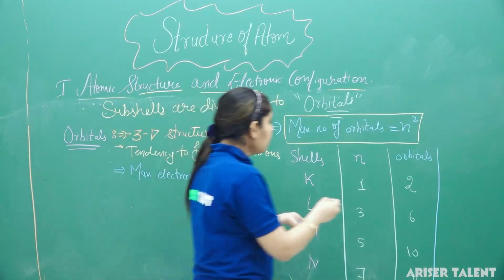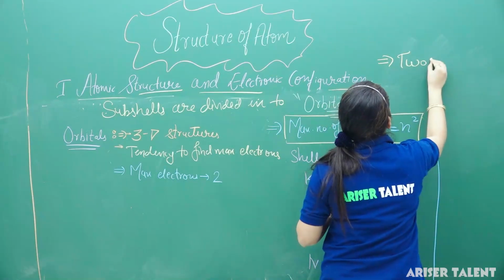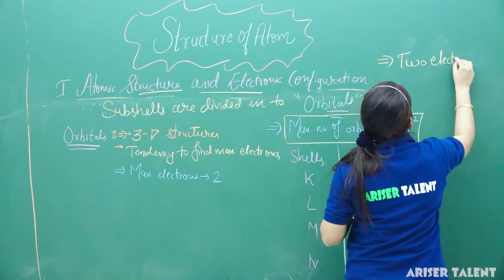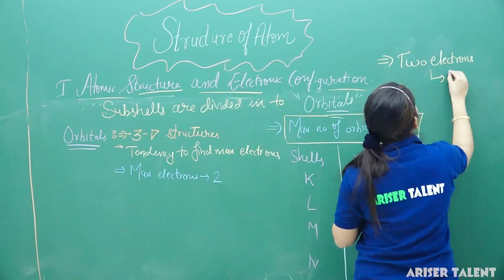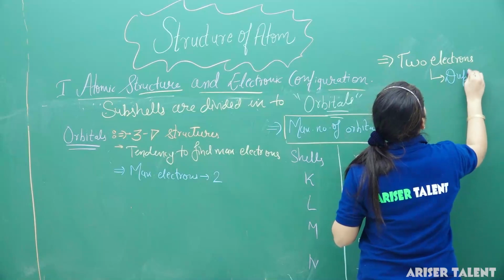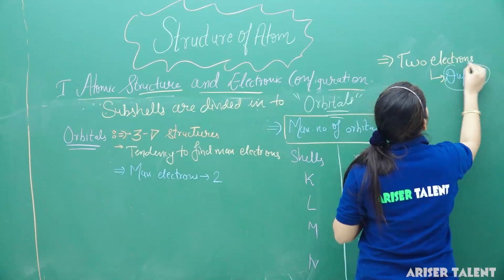So if it constitutes 2 electrons, we may use the term duplet. So it may constitute 2 electrons.